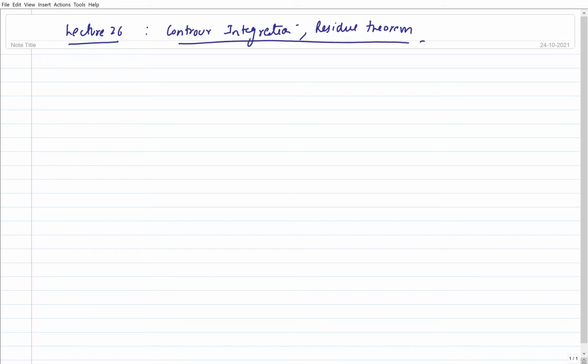So let's start from where we left off in the 24th lecture, which was to evaluate this integral in a closed loop, and this was Cauchy's integral formula.